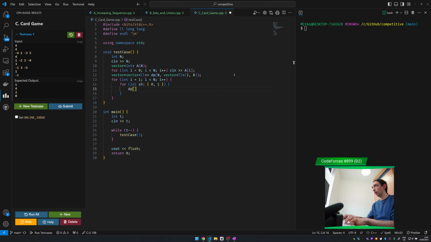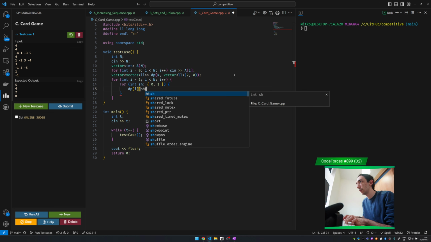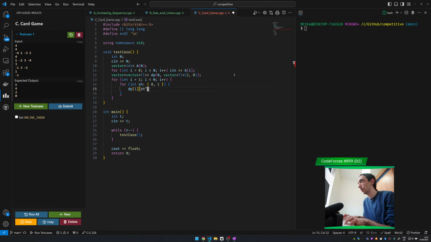dp at I and some shift. Now the shift is, wait, the shift, this is, we can choose this either to buy it or not to buy it, right? Then if I buy it, I will shift it.